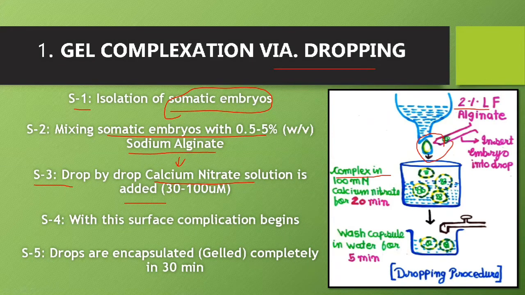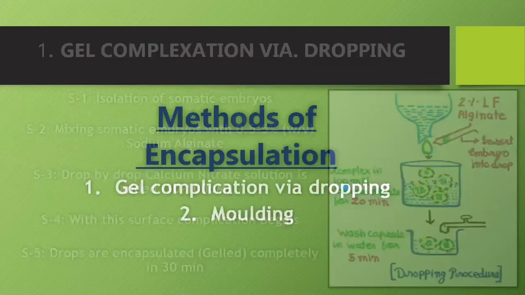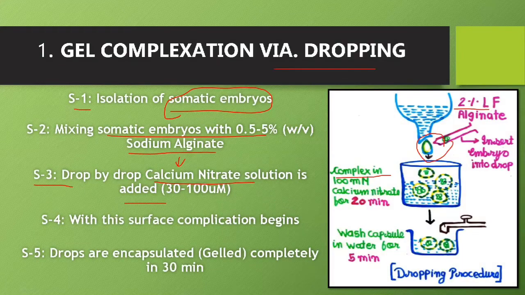So first the somatic embryos are mixed with sodium alginate. Then calcium nitrate, which is a complexing agent, is used, and this process is done for 20 minutes in a sterilized beaker.